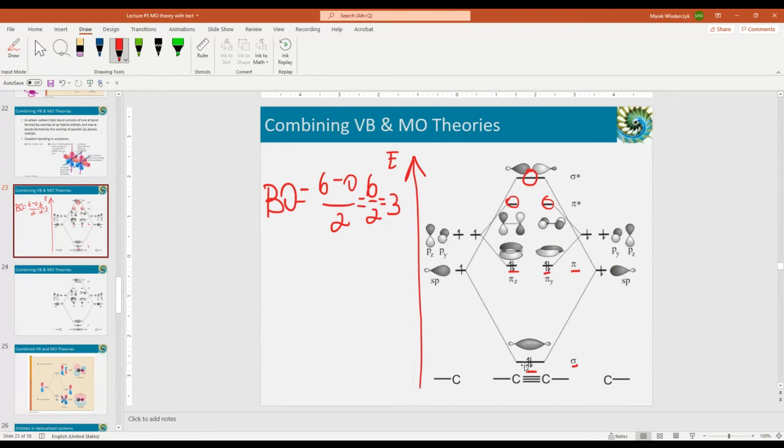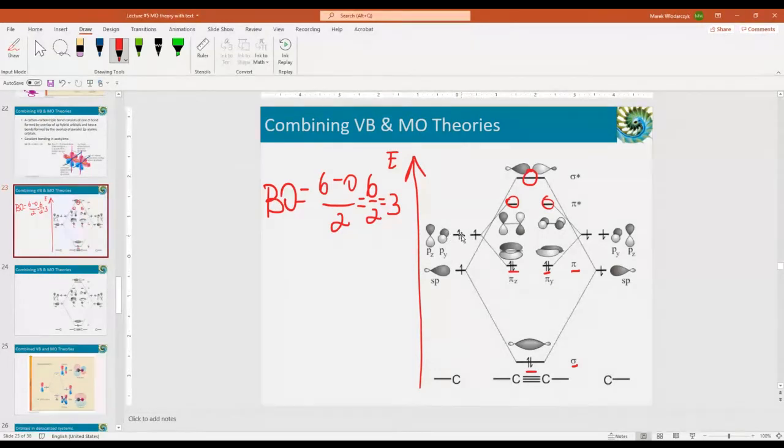So here we have a sigma bond. Like I said, this is a head-to-head interaction along the x-axis of two sp orbitals. Okay, and then you have the pi bonds. The pi bonds are higher in energy. You can see that on the MO diagram because they are above the sigma bond, but they are also lower in energy than the separate p orbitals.